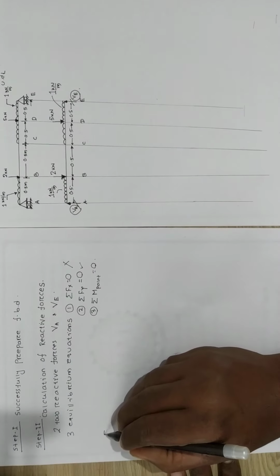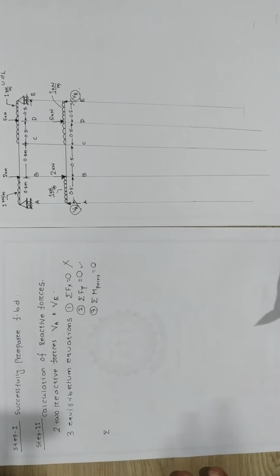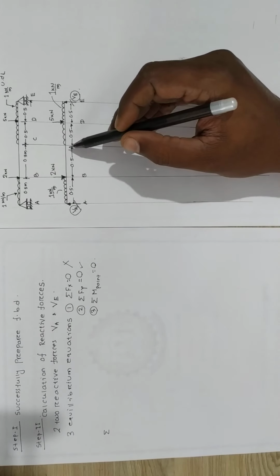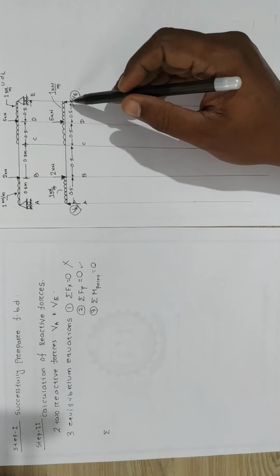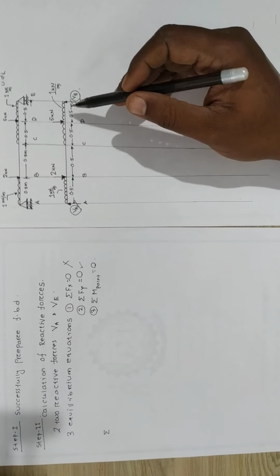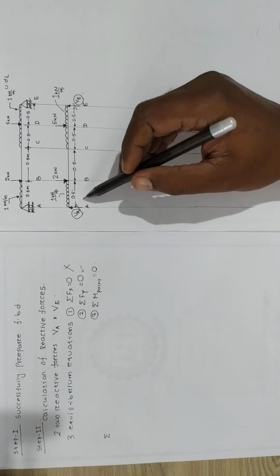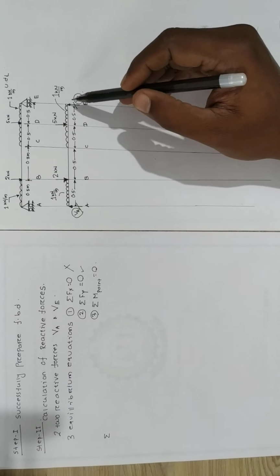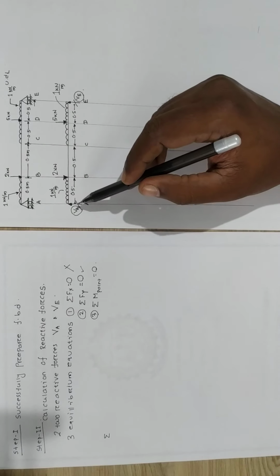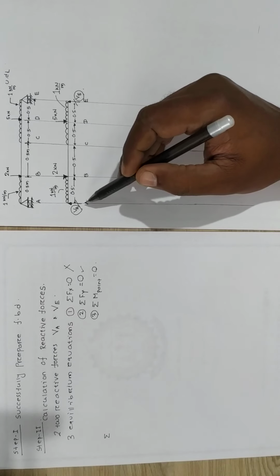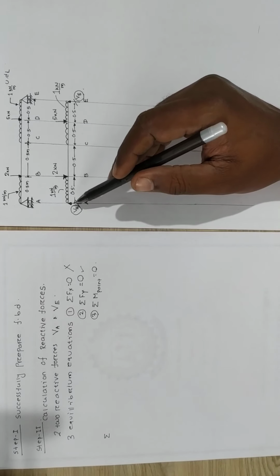You can take moment at any point, at A, B, C, D or E. It is up to your choice, but you cannot take the moment upon your choice. Why? Because as there will be two unknowns, our objective is to get rid of one. So either you have to take moment at point E or at point A, so that the moment due to the vertical reactive force at A will be 0.